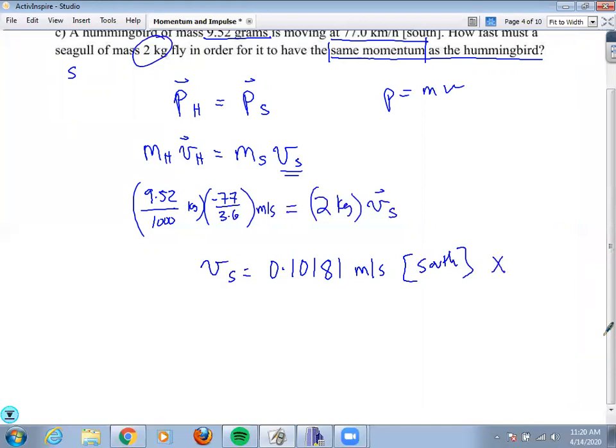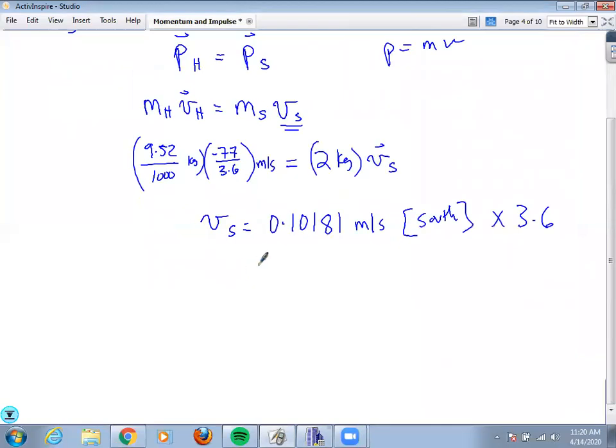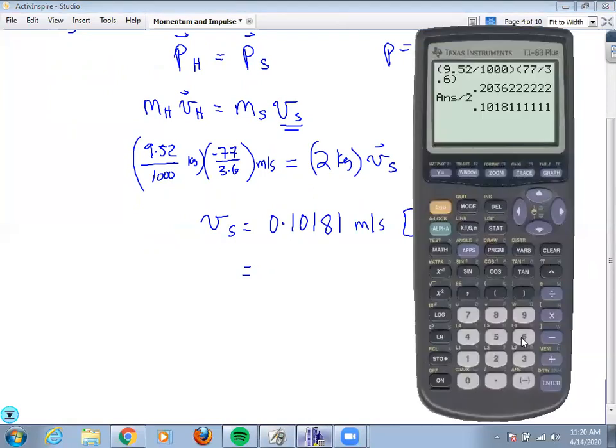But we want to convert that to kilometers per hour just to get a sense of comparing the velocity of the seagull to that of the hummingbird. So we will take the 0.10181 and multiply that by 3.6 to convert, and you get 0.36652.